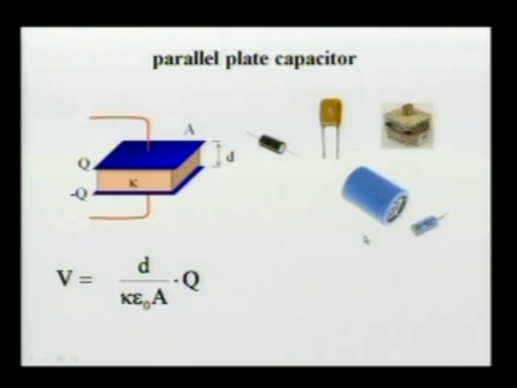Now this capacitor is even an electrolytic capacitor, which is not made from two metallic plates. There is only one metallic plate, and the other one is made of an electrolyte. The advantage of this capacitor is that the plates are separated by a very small distance.